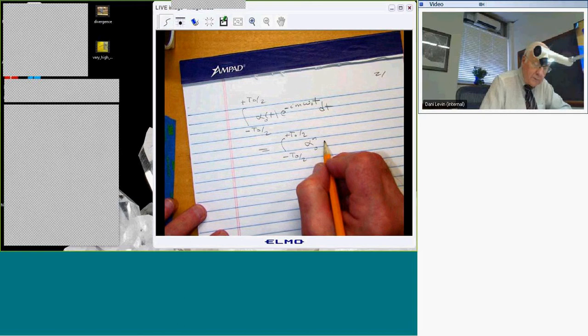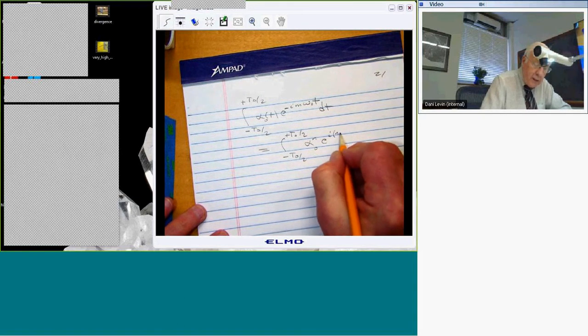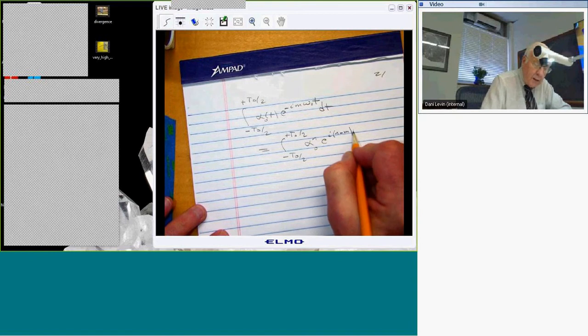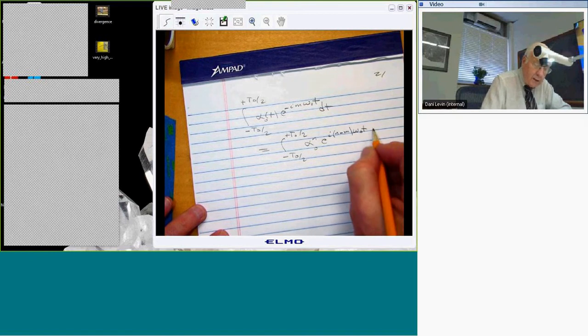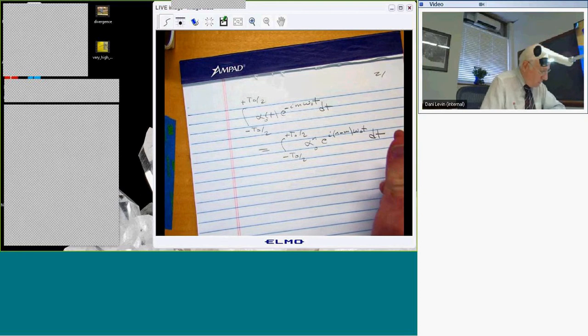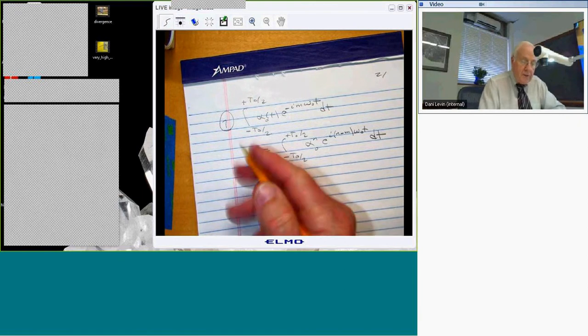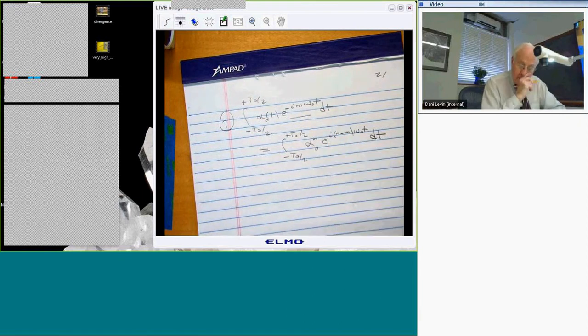What? E to the I, we have a plus n and a minus m, omega naught t dt. I guess we'll call this equation 7. So we just take equation 5, multiply by this, and integrate over time.